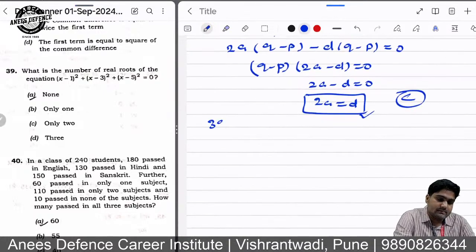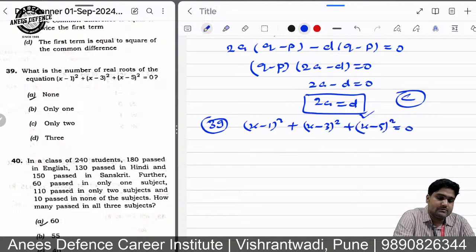So now (x minus 1) squared plus (x minus 3) squared plus (x minus 5) squared equals 0. So it's 3x squared minus 18x plus 25 plus 9 plus 1, which is 35, equals 0. Now find the discriminant for the number of real roots of this equation.